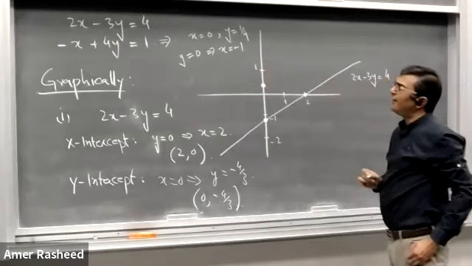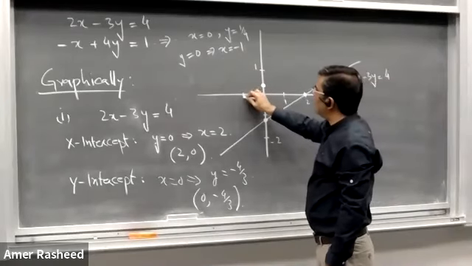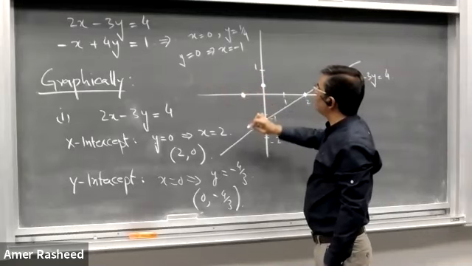So this is the first point, and the second point is x is -1 and y is 0, somewhere here.